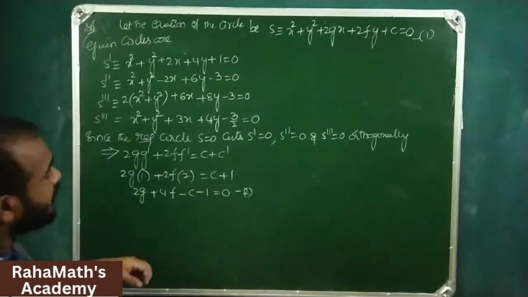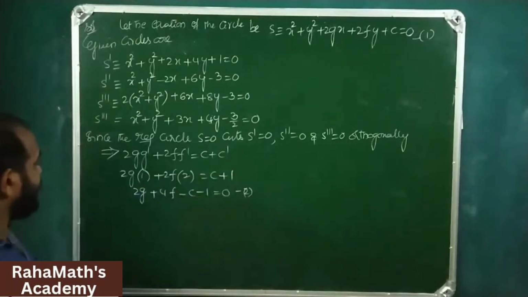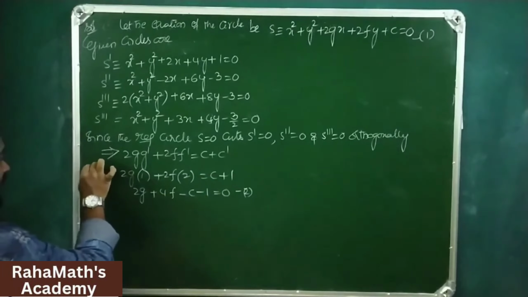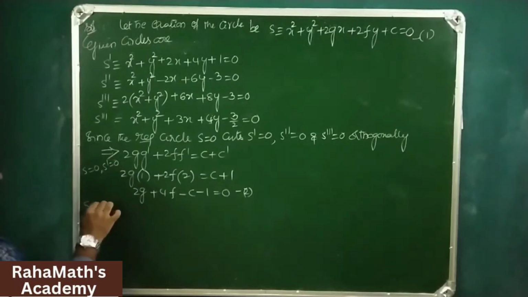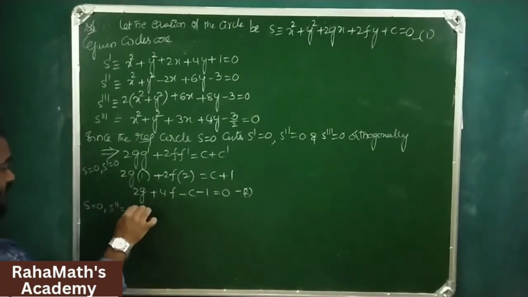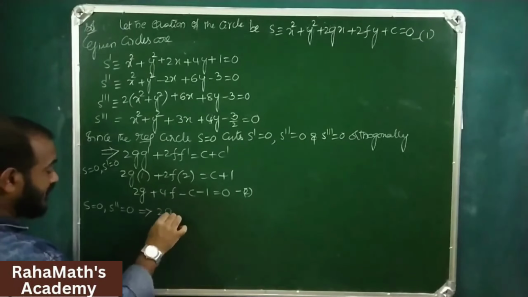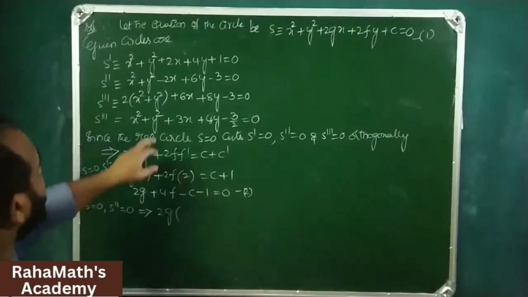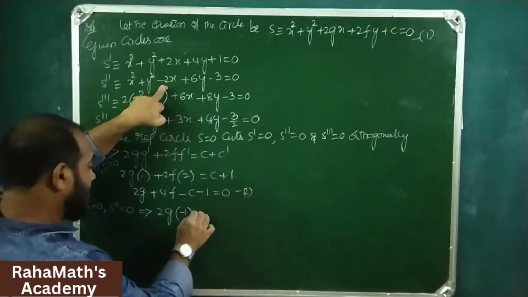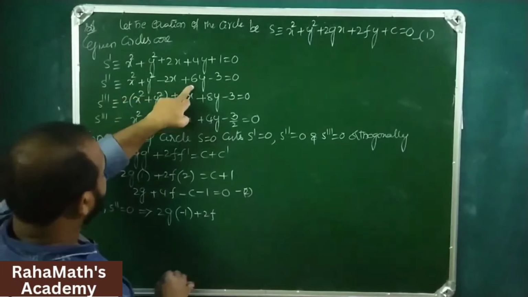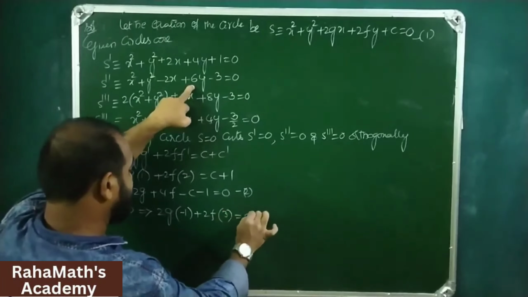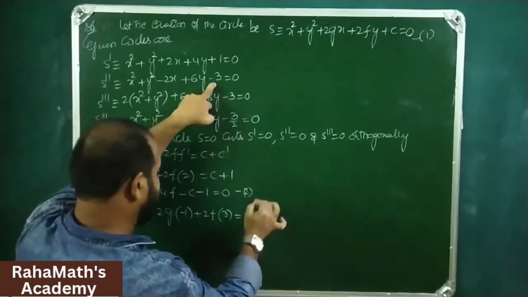So S dash equals 0. This is for S equals 0, S dash equals 0. Now S equals 0, S double dash equals 0 implies 2G G dash minus 1, 2F F dash is 3, C plus C dash is C minus 3.